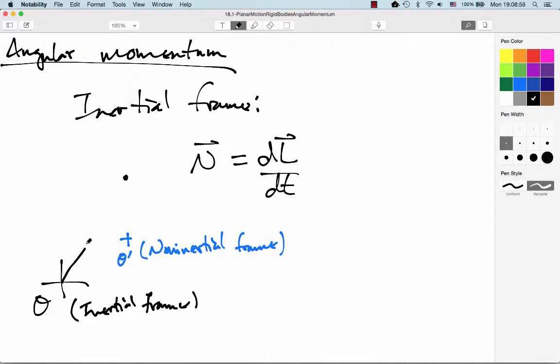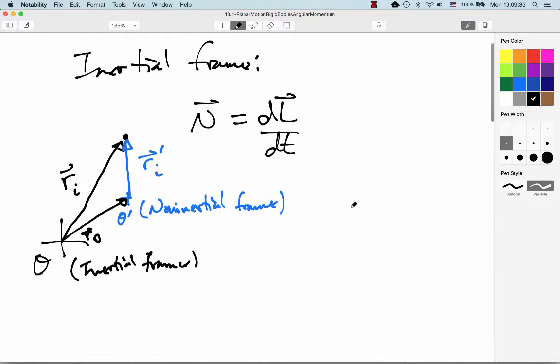In the unprimed frame, we would say that that point is at a position Ri. Similarly, in the primed frame, we would say it is at position Ri prime. And we'll tie the two together by letting R naught be the vector that points from the origin of the inertial frame to the origin of the non-inertial frame.